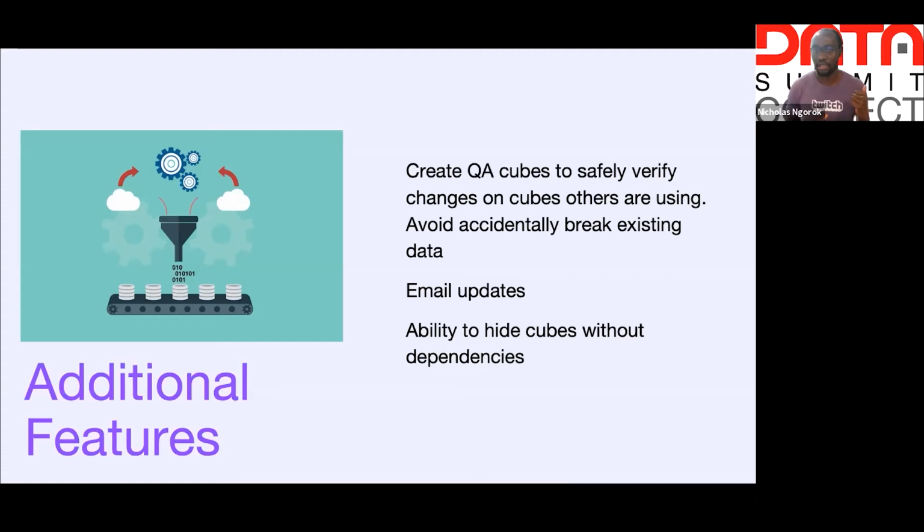For example, get updates if your cube successfully ran, or get updates if there was a failure running your cube. And lastly, we have the ability to hide cubes if they don't have any dependencies. Once they have dependencies, then they're important to everyone else that is using Sheik. But if they don't, and you'd like to work on your cube without other people knowing about it, you can hide it in our interface.